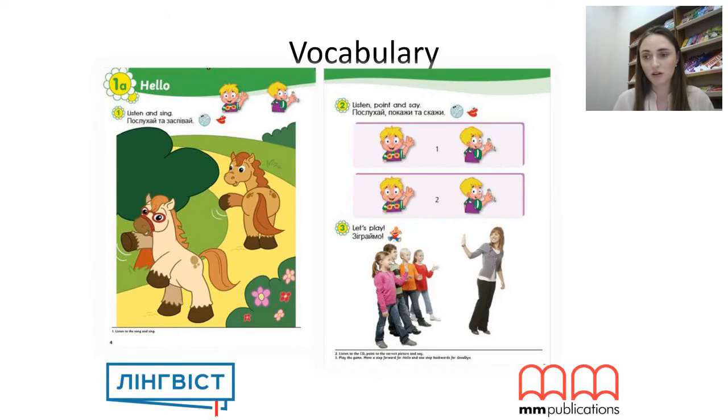Then you can see lots of follow-up activities that will help our students practice and revise the new vocabulary of the lesson. And at the end of the lesson, we can play games with our students. It can be role play, or it can be TPR activities that will help our students learn by doing and repeating actions.